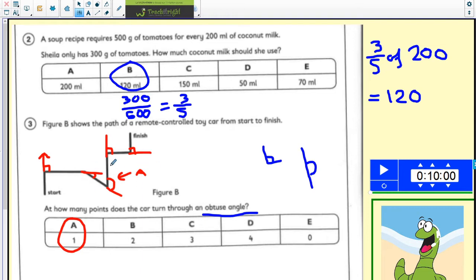And that means there's only one where we're doing an angle that's bigger than 90 degrees, but not 180. And I think it's understanding that adding on the arrows of where it was going is the most important step for this one, so you know it was going this way, and it ended up turning that way, and vice versa, and so on. Right, question 3, bit of an interesting one.